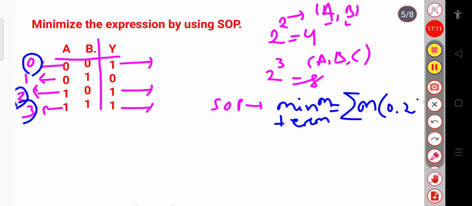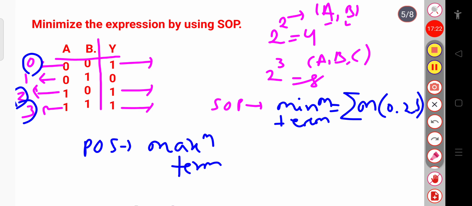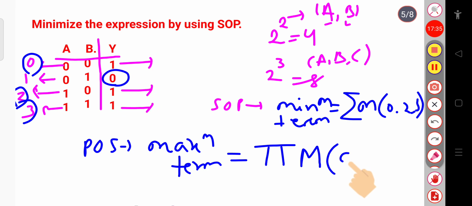And similarly for POS, we have considered the maximum term, and this is symbolized by the pi symbol, which means product, capital M represents the maximum term. Here only one term is present, that is for your 1. So this is 1. Okay.